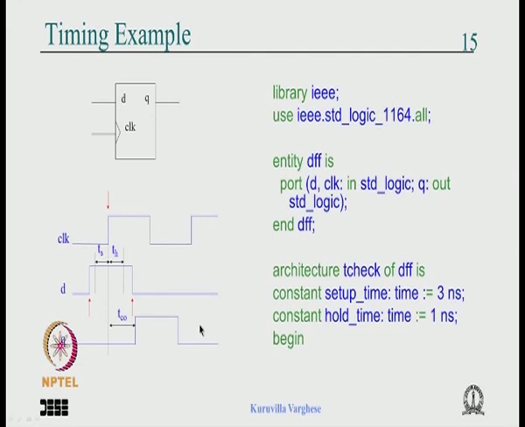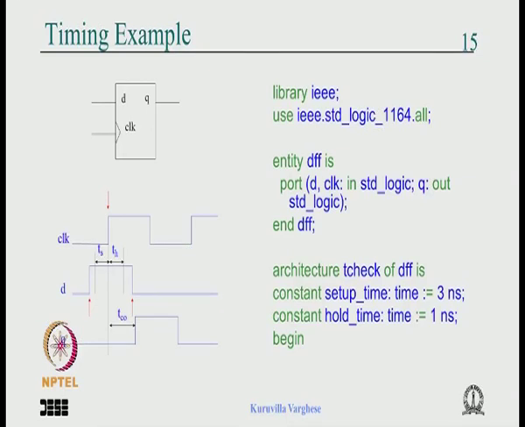Next thing we are going to try is that we write a kind of timing check, a VHDL code to check the timing of a flip flop. Once again, this is used only while simulation, it cannot be used for synthesis.